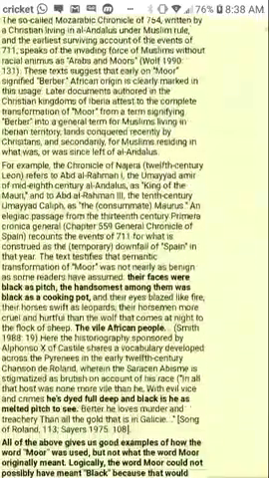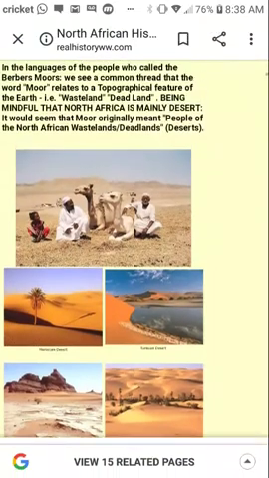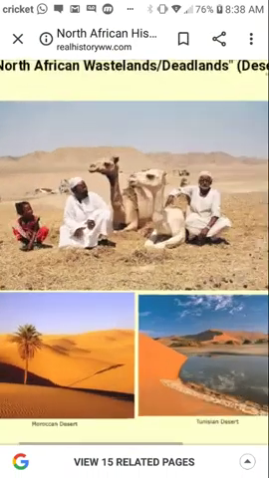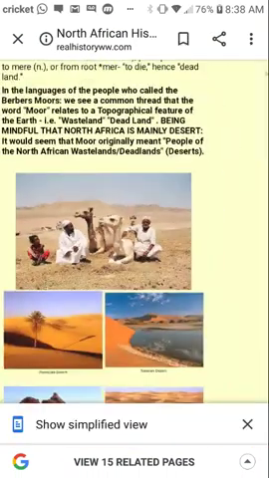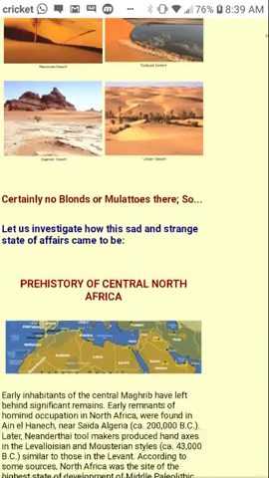And what they did when they came in, they mixed with the black peoples and kind of hijacked their identity, okay? We see in the languages of the people who call the Berbers Moors, we see a common thread that the word Moor relates to a topographical feature of the earth, wasteland, dead land, being mindful that North Africa is mainly desert. It would seem that Moor originally meant people of the North African wasteland, deadlands, deserts, okay?